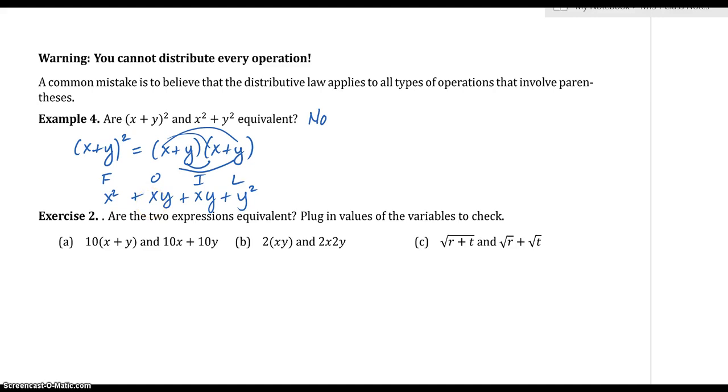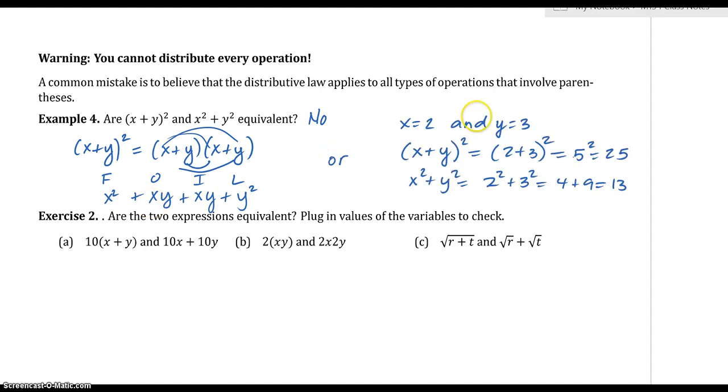We have two extra terms there. Or you can also see this by plugging in values like 2 and 3, for instance. If I plug 2 and 3 into the left side, you have to add first. If I plug it into the right side, you have to square first from the order of operations. And you can see they're not equivalent.